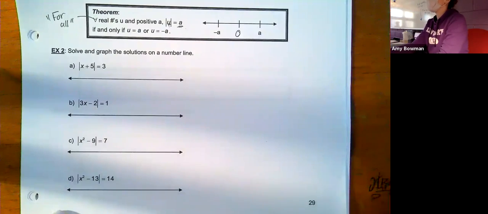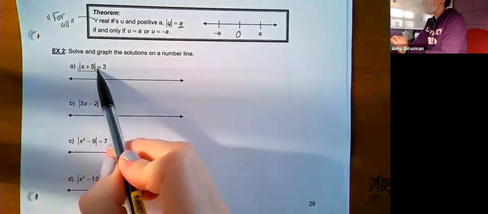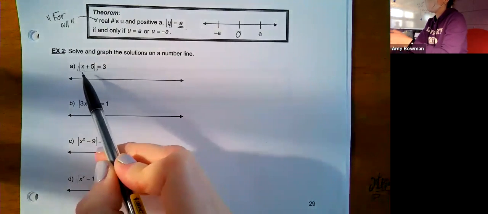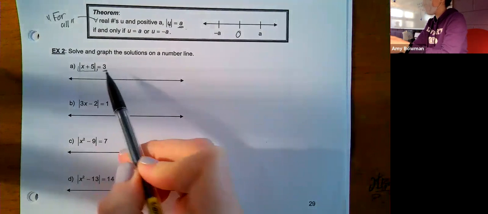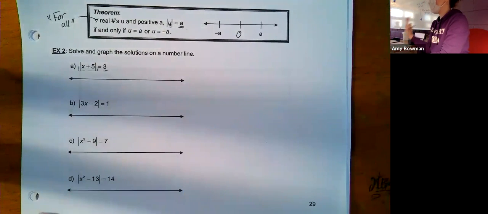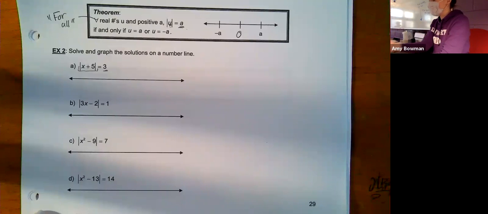So every time you have isolated an absolute value, even if there's more than one term inside, and it equals a specific number, you're always going to have these two solutions: exactly that far in the positive direction, or exactly that far in the negative direction.